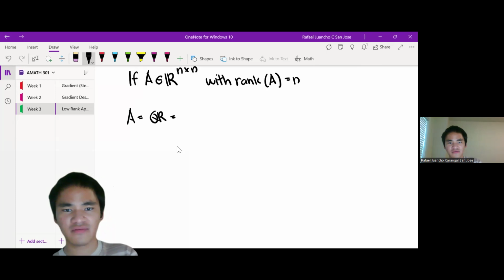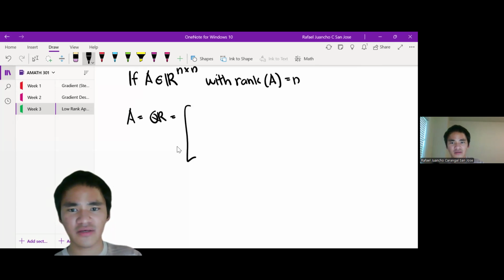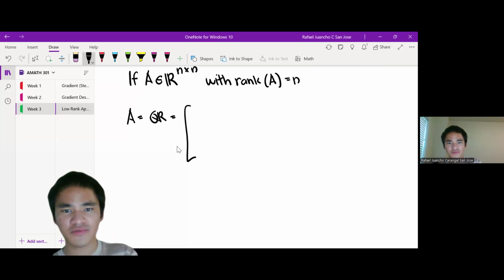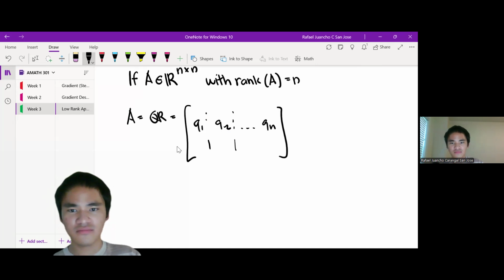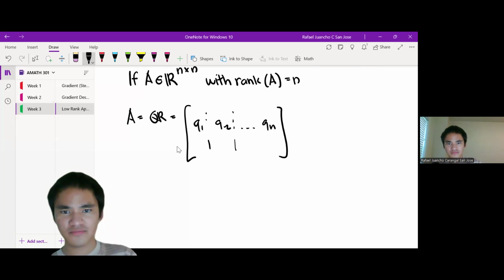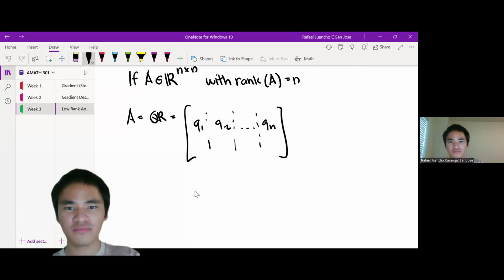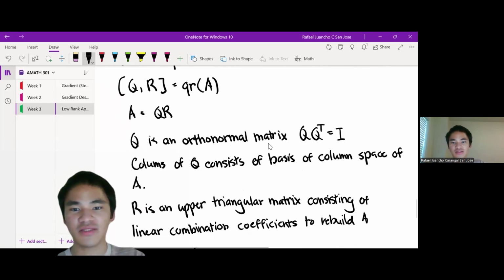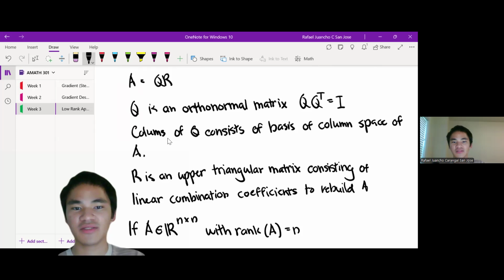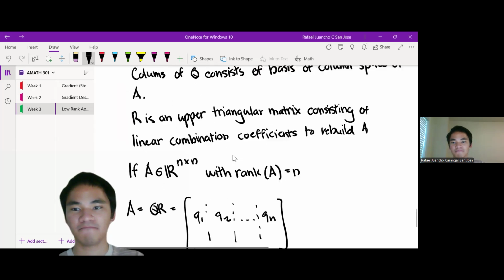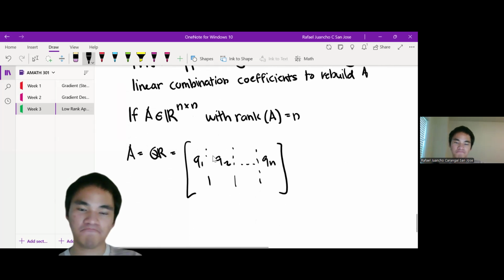And so I have my Q, this goes from Q1, Q2, all the way to Qn, right? So I think that's what the Q meant. It's an orthonormal matrix, and its columns of Q consist of bases of column space of A. Okay.